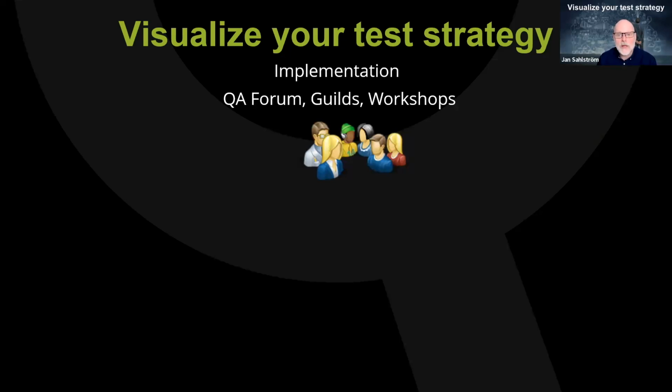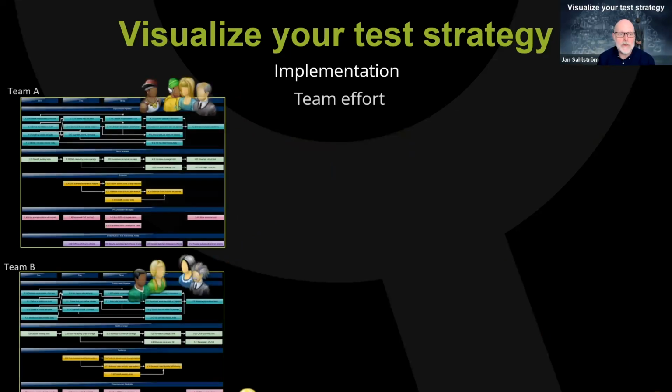And after sorting that out, everyone went back to their team as the advocate for this, and the team started working with it. And then we met again, had another workshop for the next initiative, and so on, which means that everyone was involved during this implementation.